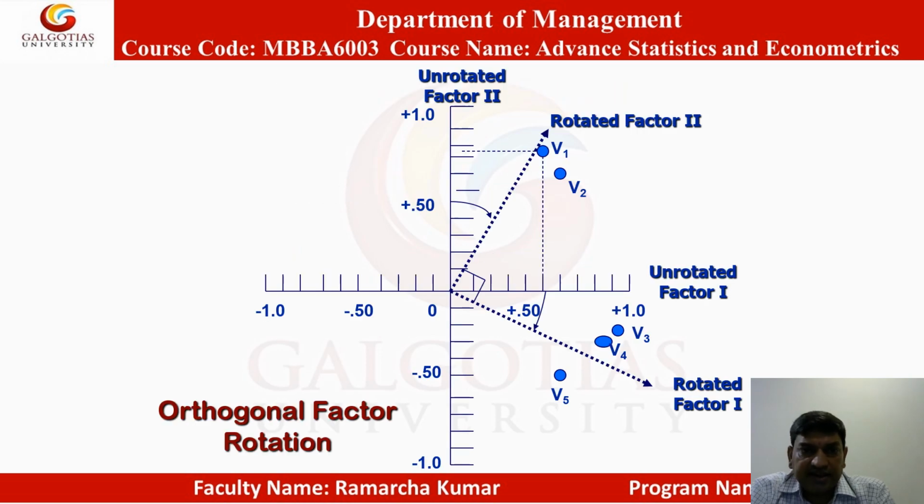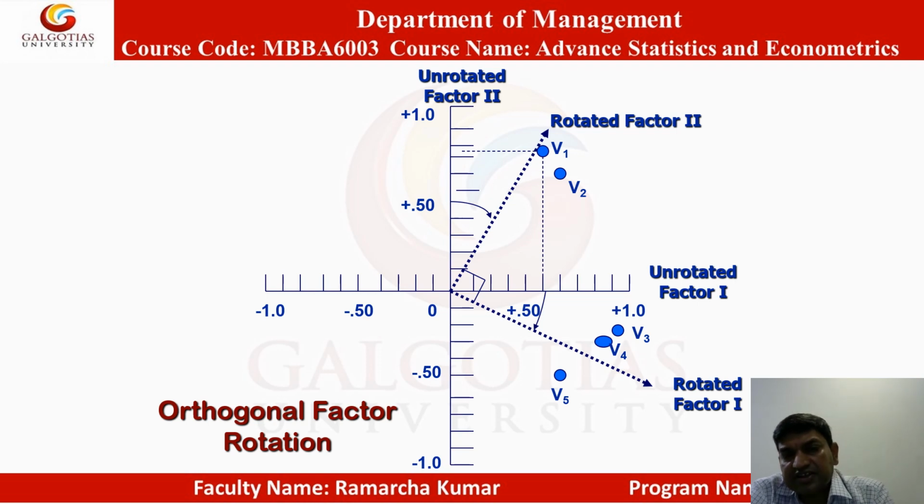So you can see that for orthogonal factor rotation, we begin with unrotated factor 1 and unrotated factor 2, the x and y axis. Then we rotate both axes clockwise by the same angle. So rotated factor 1 and rotated factor 2 maintain the 90-degree angle.